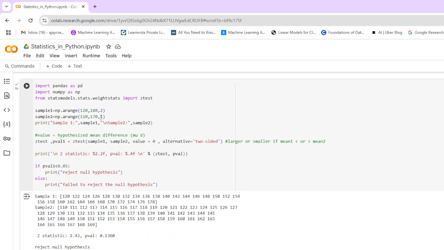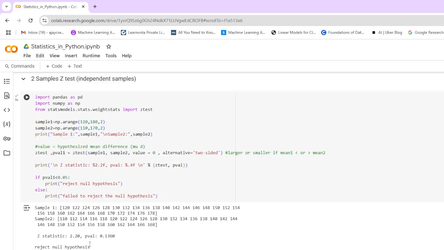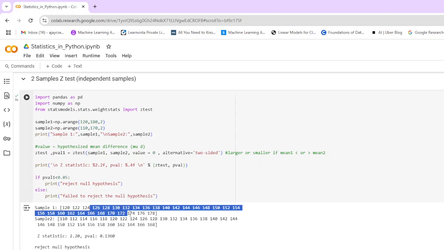In sample 2 I can also specify that I am looking for the same number of values, and I pass in the two samples, checking if the two means are the same. But here the null hypothesis gets rejected.